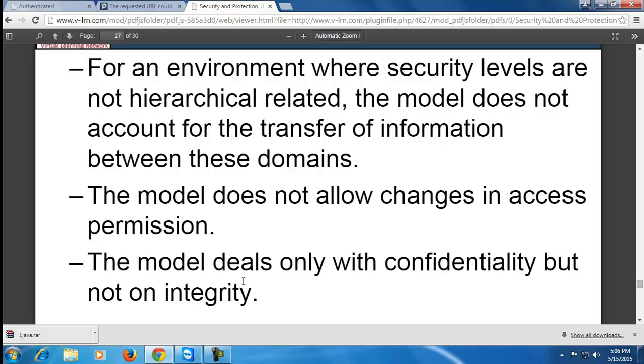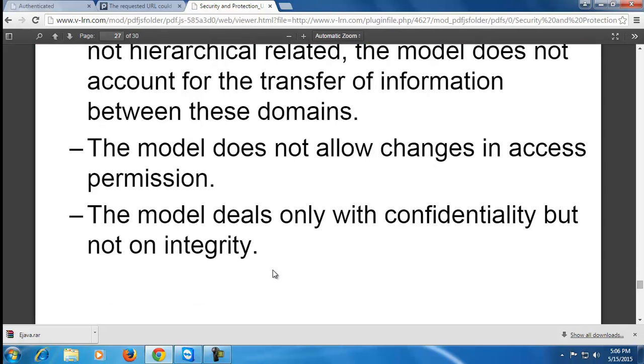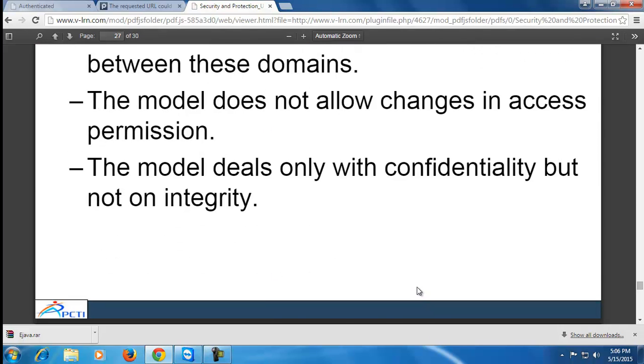The model deals only with confidentiality but not integrity, because confidentiality, permission sets and authorizations are the main pillars of security. We have to follow this for prevention of our files from unauthorized access or from loss of information, and to carry on this kind of mechanism for security.